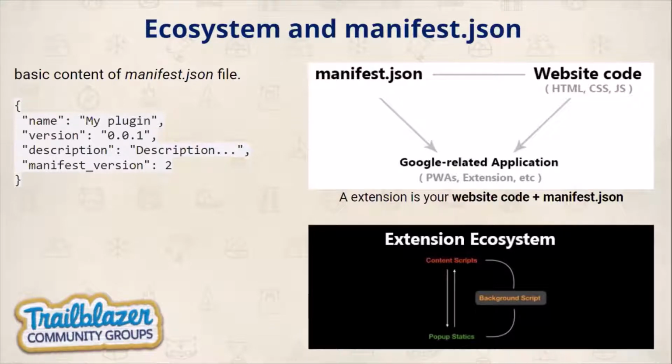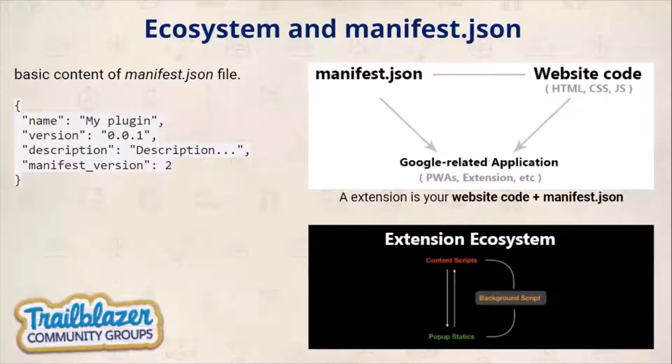If you know Node.js, there is a file called package.json. Package.json holds all the information about the name, version, description, author name, etc. Similarly, there is also manifest.json. Manifest.json is the same kind of thing as package.json, so your website plus manifest.json equals a Chrome extension.